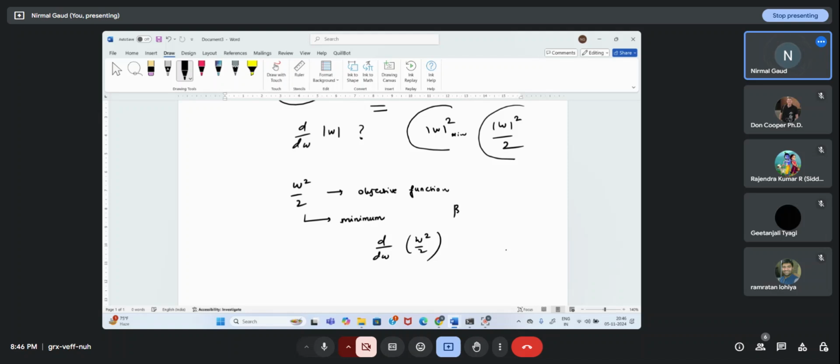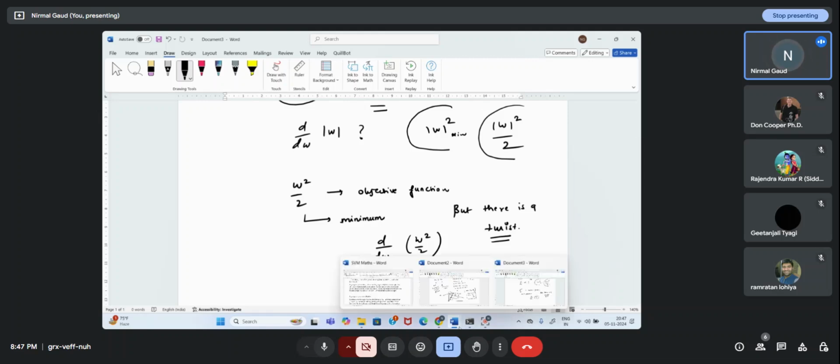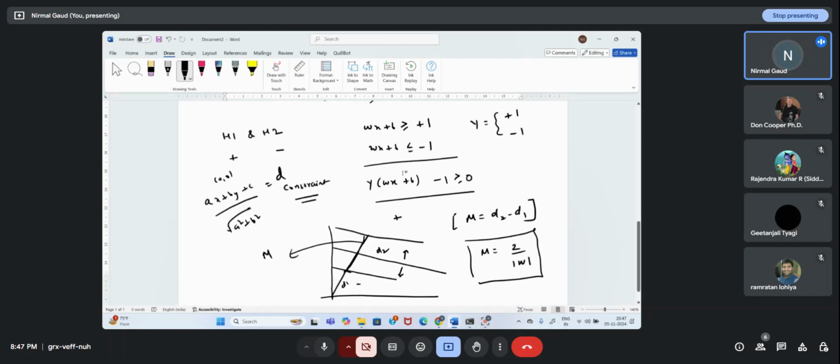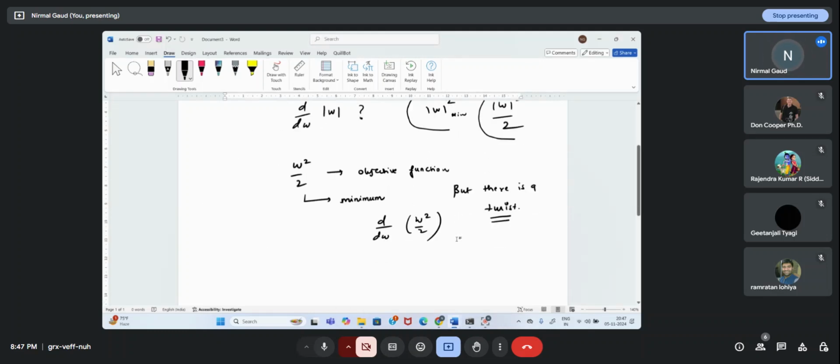But there is a twist. We can't directly differentiate this objective function because just recently you have seen constraint equation. You have to work under constraint.